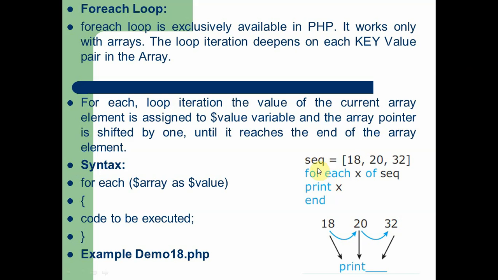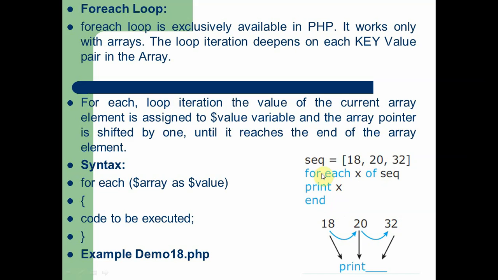In this diagram you can see an array created, namely seq, with three elements. Each time the array seq is accessed by the foreach loop, the first element of that array is stored in the variable x and printed on the screen, that is 18. The second time, it goes to the second element and accesses it.